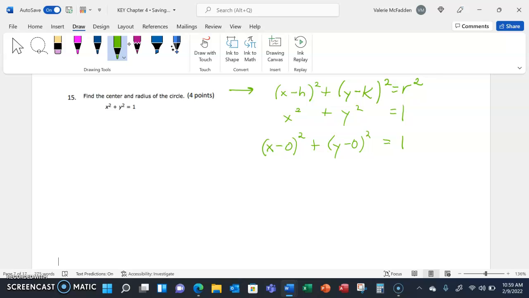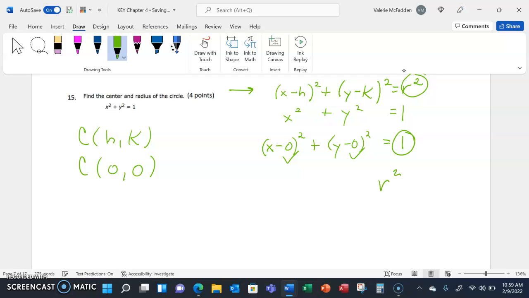So the center of the circle is always HK. H is with X, K is with Y, and it's always going to look like the opposite. So 0, 0. And our radius squared is equal to 1.